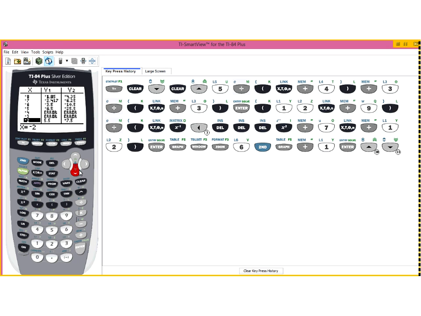Let's go back the other way. Let's see. You see how close those values are right there? I bet there's a solution in that area.